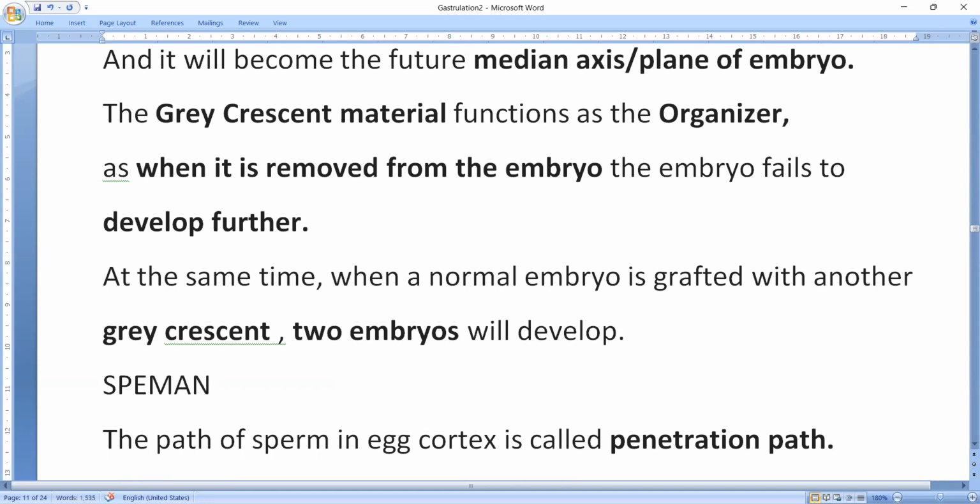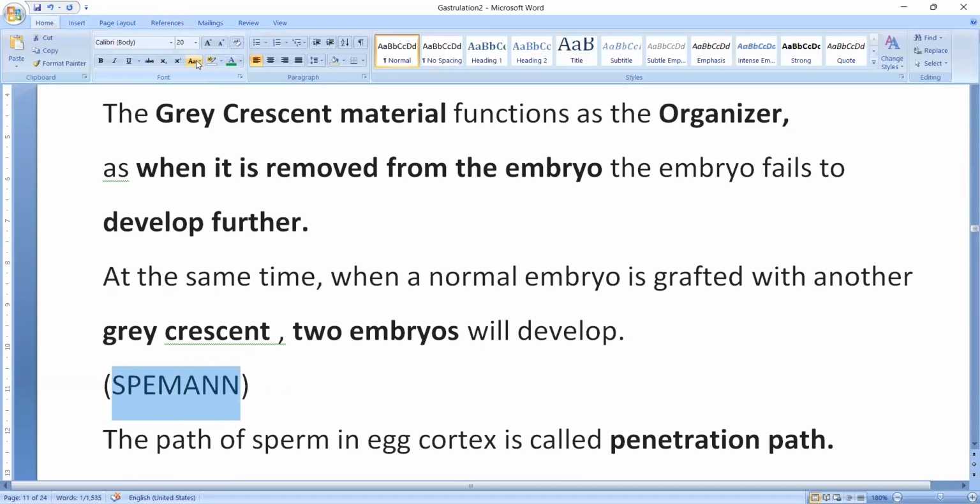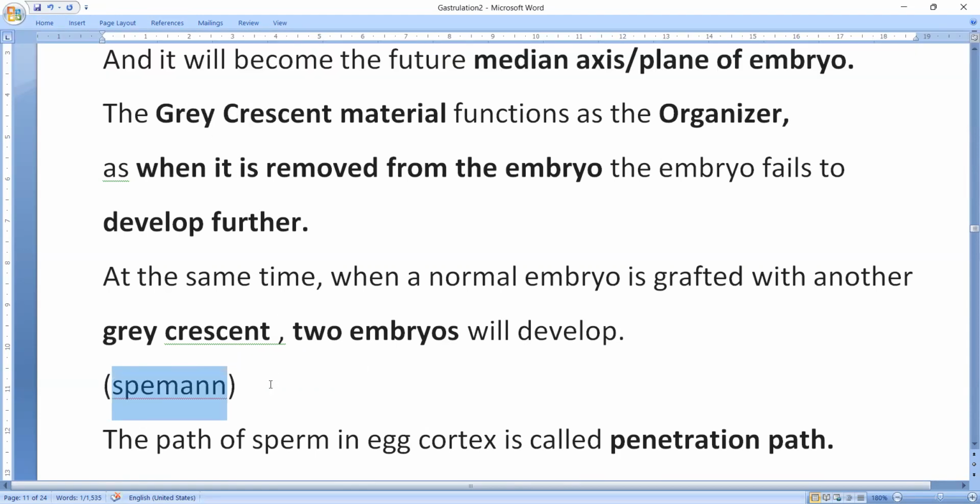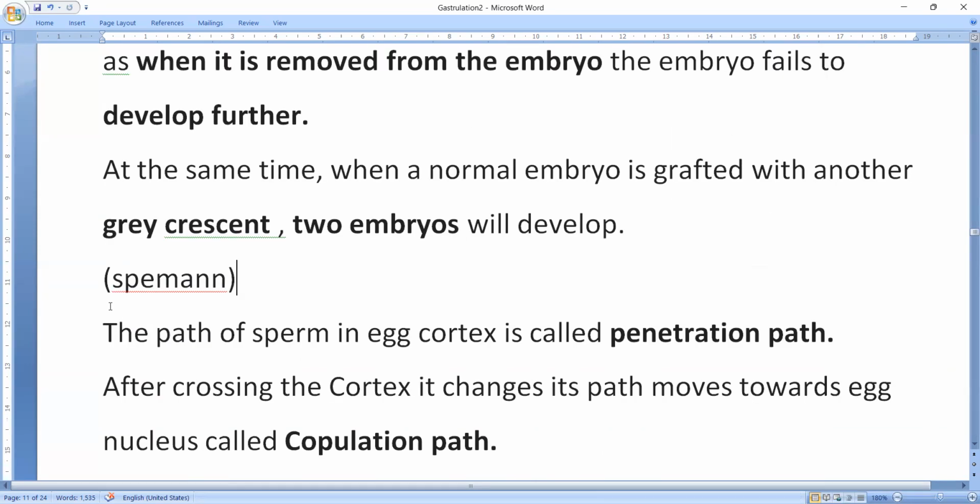Spemann did much research regarding the organizer. In every CSIR paper, there will be a question from the research done by Spemann from developmental biology or embryology.